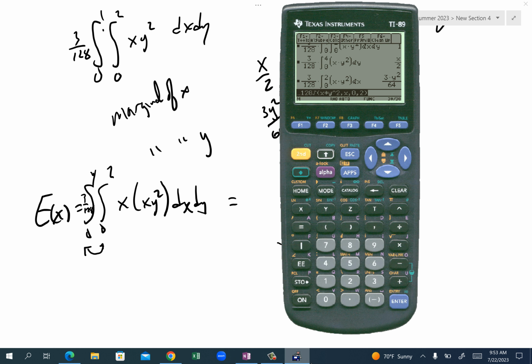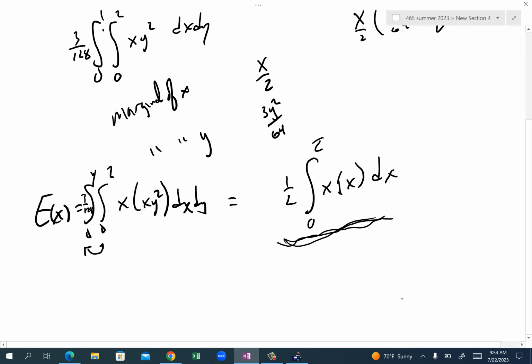Okay. So if I said, say, what's the expected value of x? Well, it would be the integral of x times this with respect to x from 0, not from 1, from 0 to 2, like 4/3.